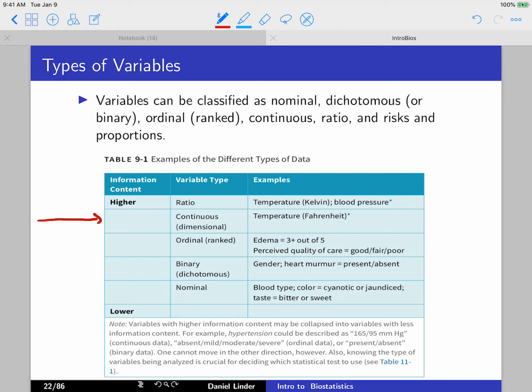Whereas, say, in an ordinal variable, the difference between good and fair might not be the same as the difference between fair and poor, in a continuous variable, the difference between 1 and 2 would be the same as the difference between 2 and 3.